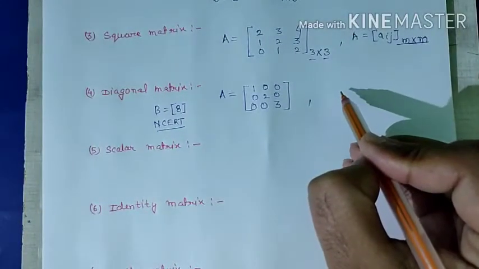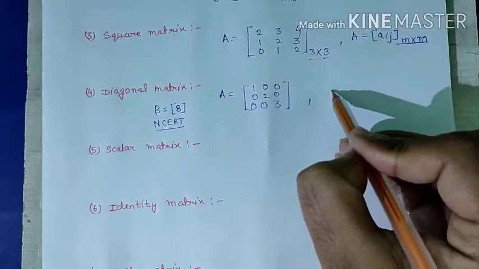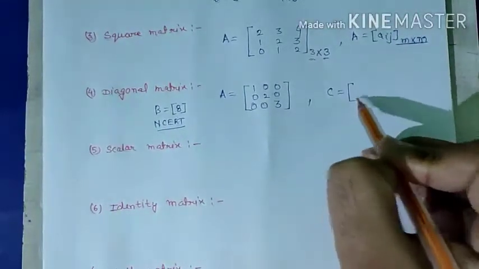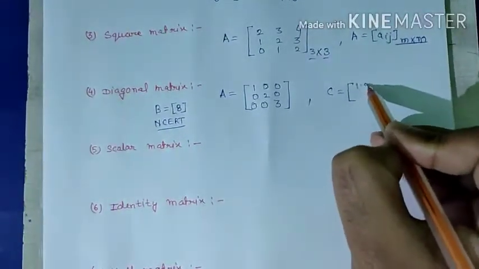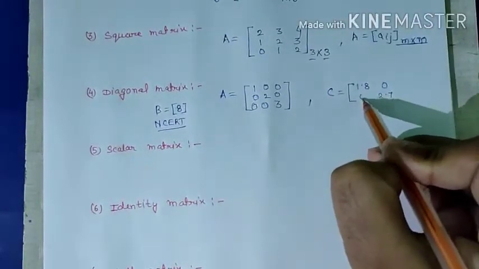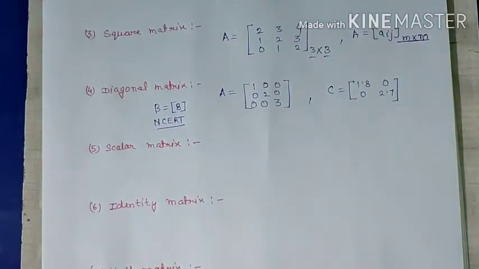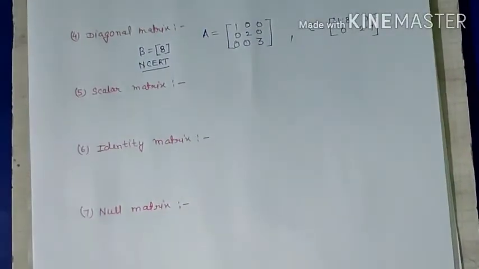Similarly, we can have any order, like we can have a smaller one also, 1.8, 2.7, 0 and 0. This is one more type of diagonal matrix. Now the scalar matrix. What is the meaning of a scalar matrix?